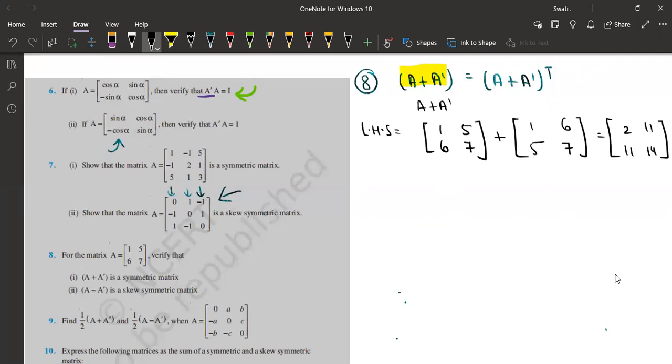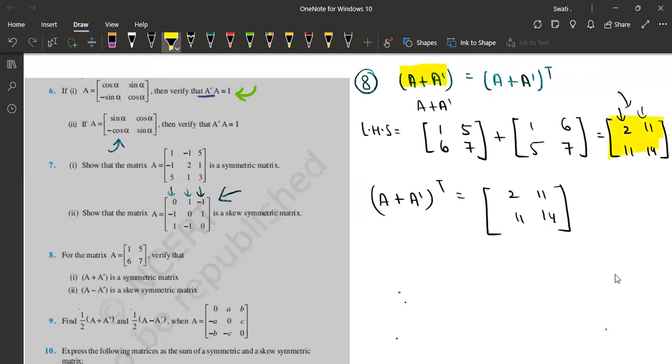Now let's check. A plus A transpose is same as this or not. So if I do A plus A transpose transpose, that means this is A plus A transpose. And if I do the transpose of this, it is the first column will become first row, so 2, 11. The second column will become second row, that is 11, 14. And you can notice that we have got this matrix and this matrix exactly the same.